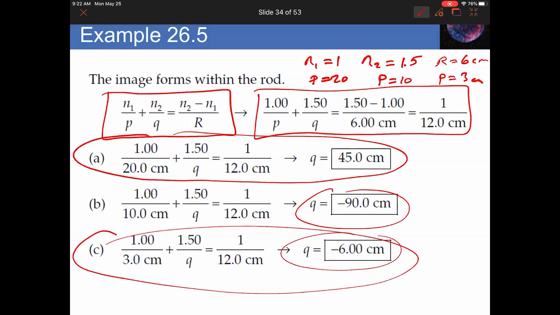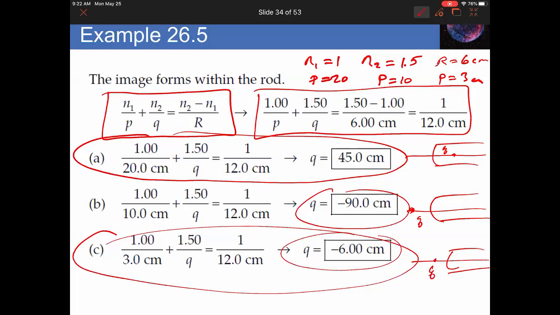That means, for example, let's say here's the rod in each case. Here the image will be formed inside, somewhere over here. For the second case, the image will be formed in front of the surface, so this will be Q over there, and then here also in front of the surface, somewhere over here.